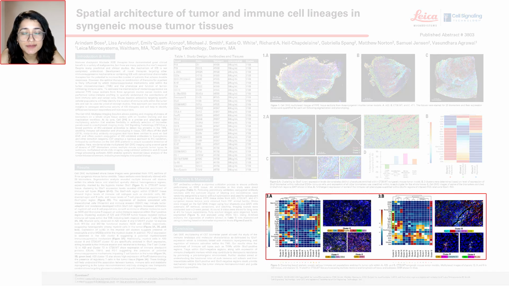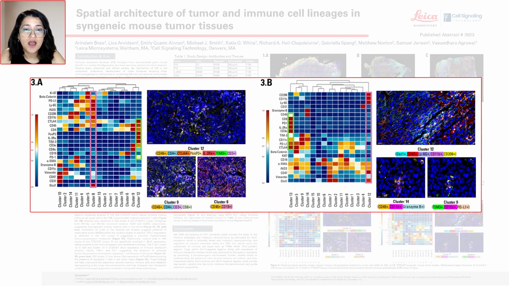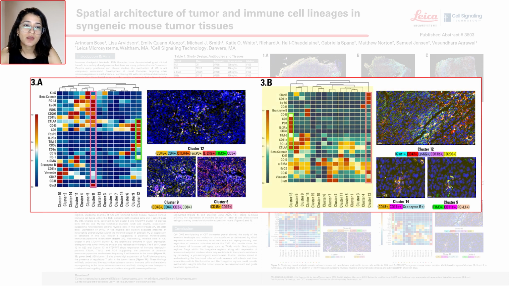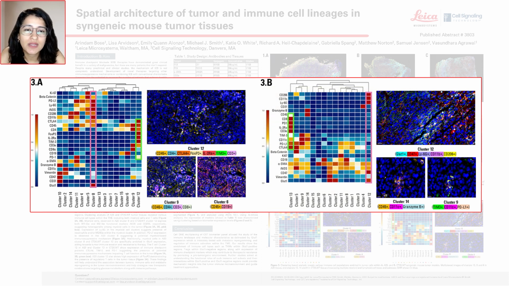To answer this, in Figure 3, using unsupervised clustering on AVIA analysis software, we can identify various immune cell populations enriched in tumor cells within the A20 tissue in panel A, and the CT26 WT syngeneic mouse tumor model in panel B. One such immune cluster is highlighted in green.